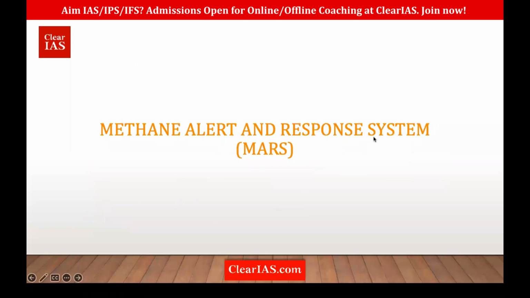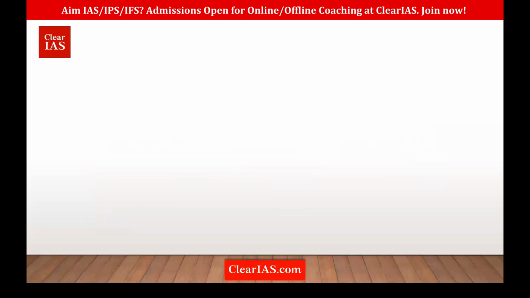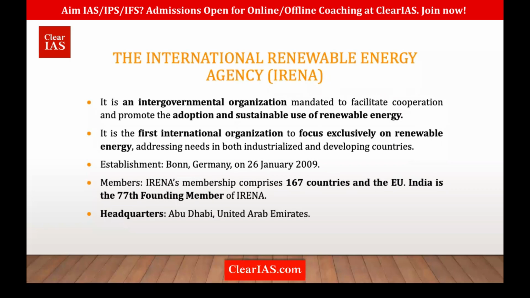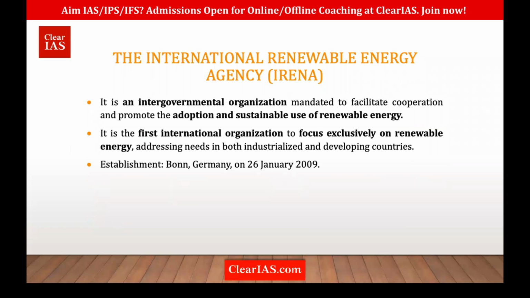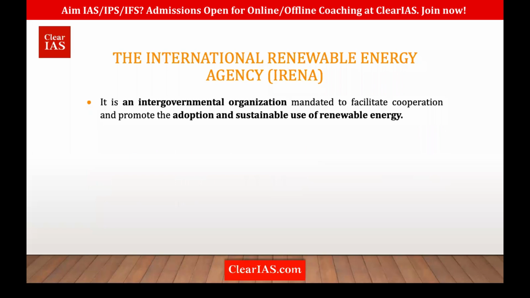So these were the major things which happened in COP. Then also there's the methane alert and response system. We'll see that. Before that, we spoke about IRENA. We spoke about GOA, that is Global Offshore Wind Alliance. Then we spoke about the B20 group.